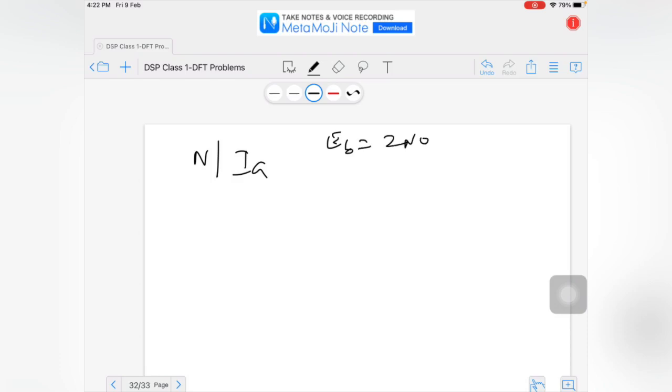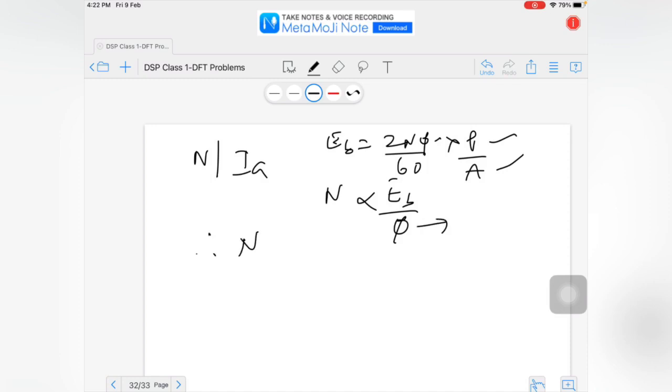EB is equal to Z N phi by 60 into P by A. For the given machine, these are all constant. In the shunt motor, flux is also constant. So N is proportional to EB divided by flux. The flux is constant in case of shunt machine, therefore N is proportional to EB. Why is it constant?